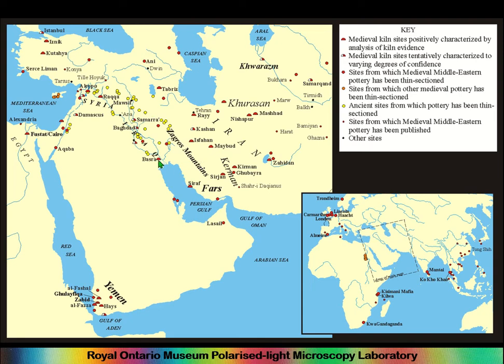Here is Basra. As you can see, it's an Islamic production center. See, it's a kiln site. It's not where modern Basra is. And to find out why, I'll be telling you a lot about that in this lecture.